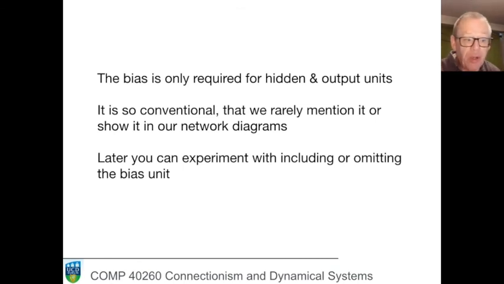Later on in lab, you can experiment with including or excluding the bias unit so that you can verify for yourself that it simply helps to have this additional term in the computation of the net input to each unit in order to ensure that the unit is contributing to the overall computation, desired computation of the network.